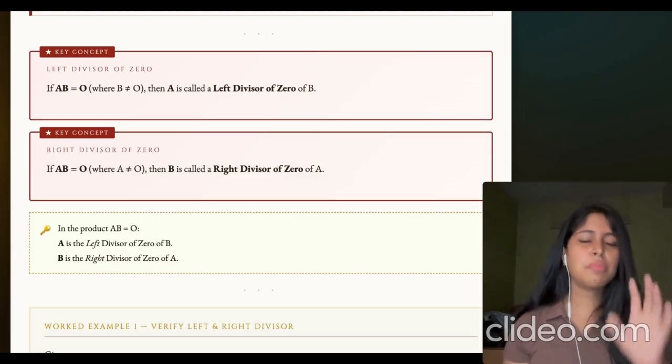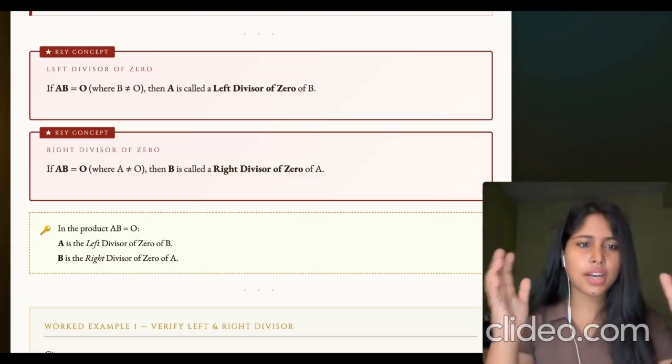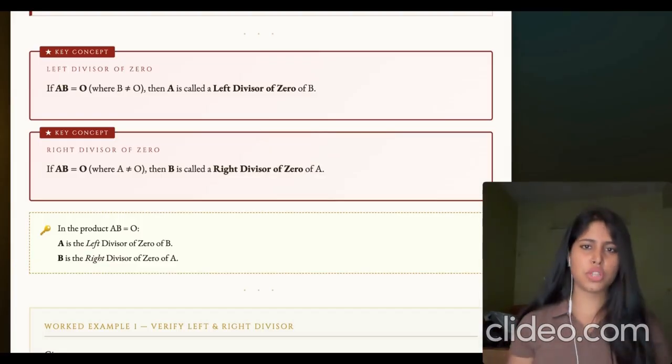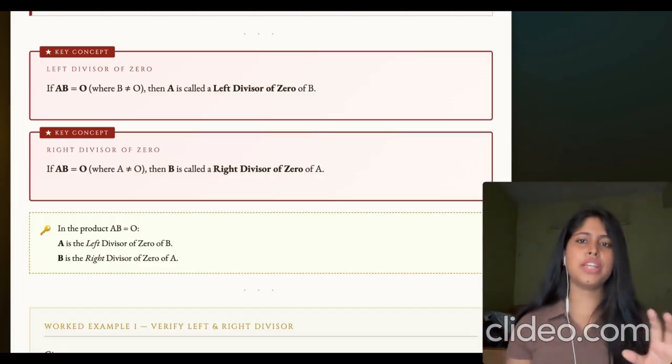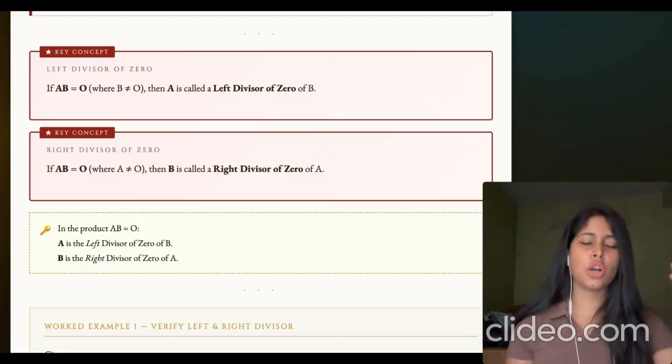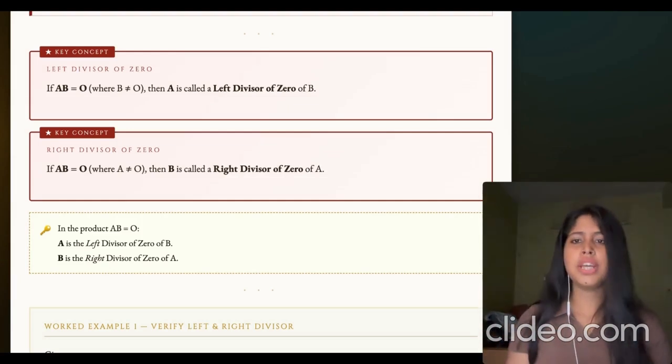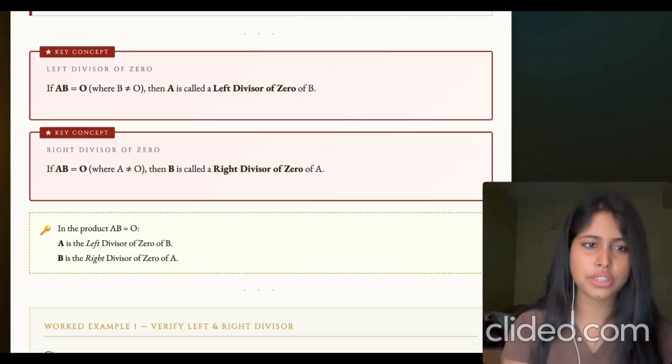In the product AB equals 0, A is multiplying on the left side of B, so we say that A is the left divisor of 0 of B. And B is multiplying on the right side of A, so we say that B is the right divisor of 0 of A.